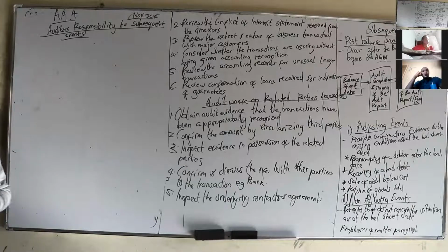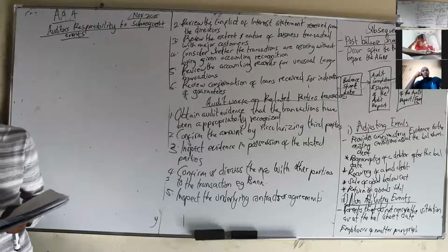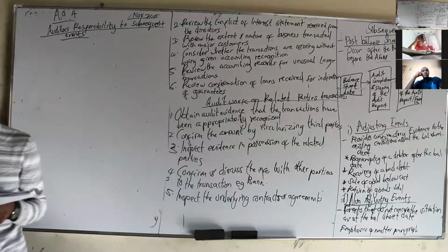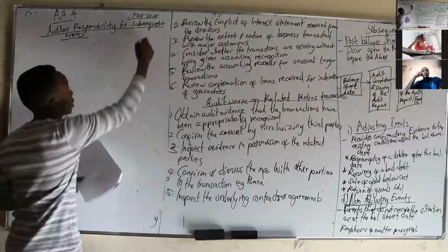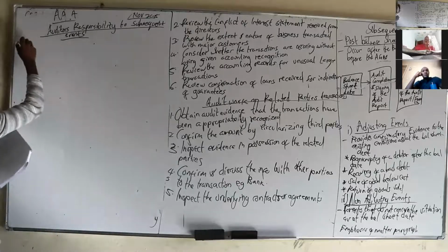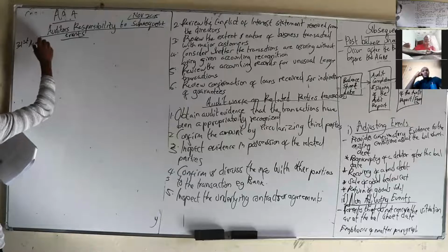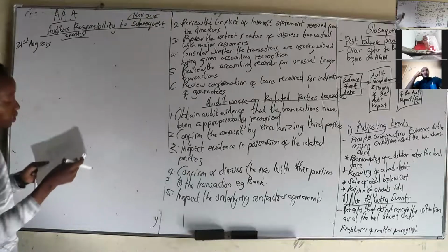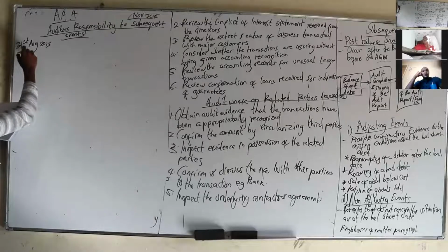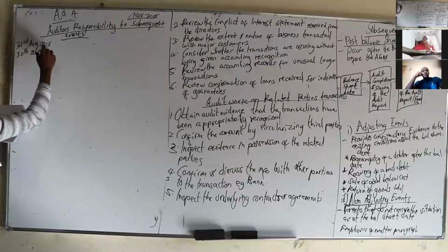You're a member of the audit team assigned to audit the financial statements of Elite Trading Company Limited, a listed company, for the year ended 31st August 2015. And then the detailed audit work is to be completed on 30th October 2015.